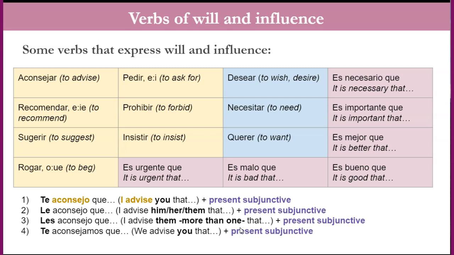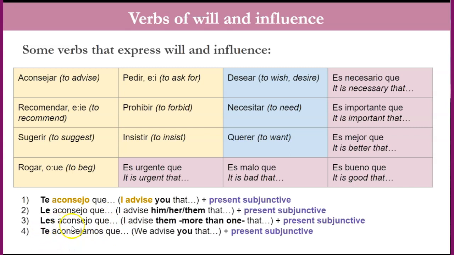I advise them to go to the beach. What you're saying literally in Spanish is I advise that they go to the beach. I know in English you would structure the sentence differently, as I advise them to go to the beach, so you would use the infinitive, but in Spanish, because there's a change of subject, you use que and the subjunctive.